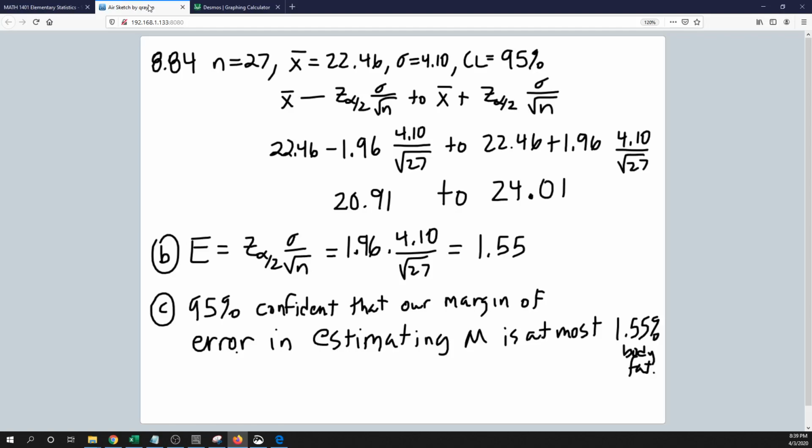We'll just have to remember that z of alpha over 2, oh no, actually that's going to be different. Sigma is 4.10.